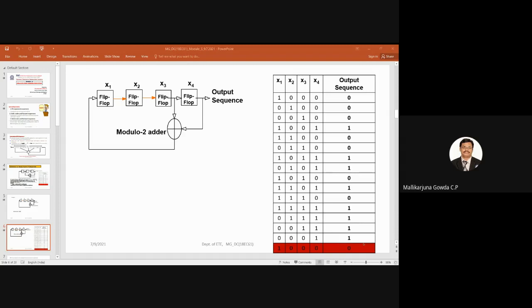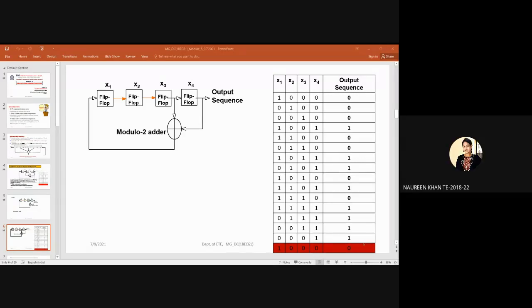That is 1, then 3 zeros, 1 double 0, double 1, 0 1, 0 3 ones. Is that the sequence you got? Yes, sir. I'll repeat once again. If your initial state is 0001, your PN sequence will be 1 000, then 1 double 0, double 1, 0 1, 0 triple 1. Is that right?